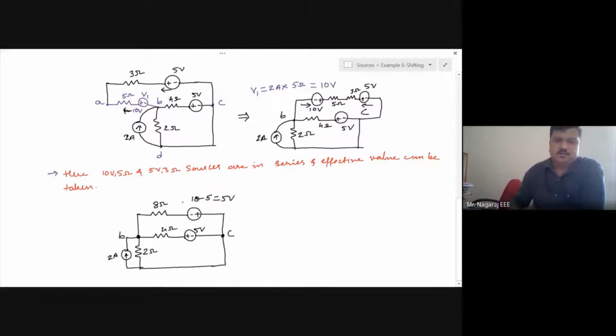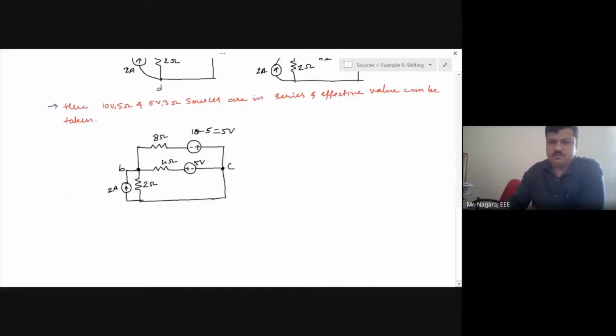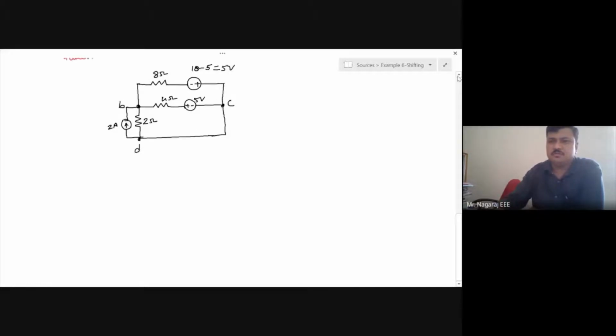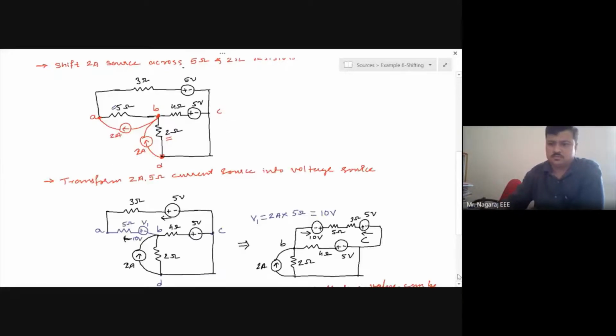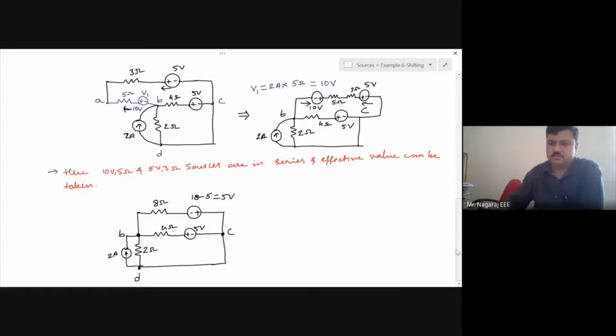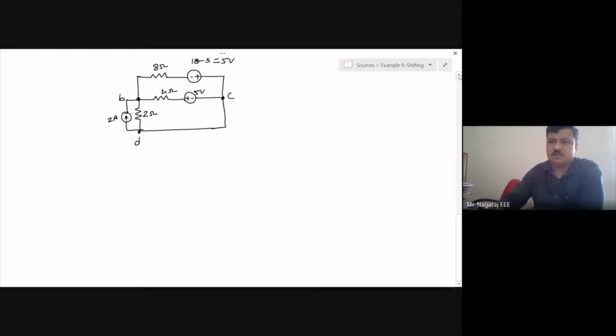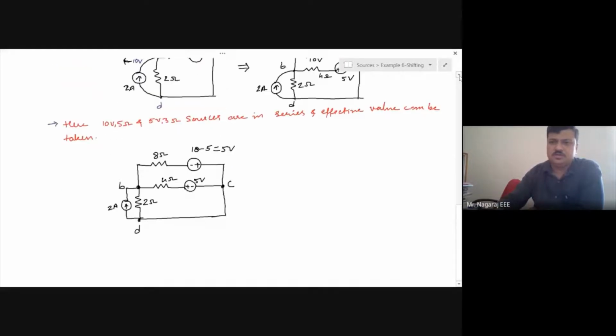Now you can observe with this solution that there are two voltage sources in parallel. Please remember one thing, that these 2 ohms cannot be touched till the last step. So I have to keep it intact. I need not change it. And one more thing is this node D. Because of the short circuit between node D and node C, there is no change between them.